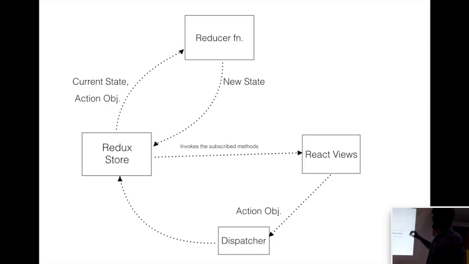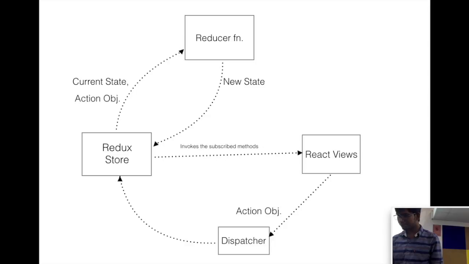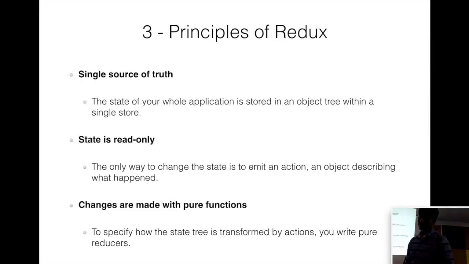So these are the core of Redux. If you want to understand Redux, I think the reducer function, the Redux store, and your action objects are the core things that Redux is all about. There are three principles of Redux. One is called single source of truth. The state of your Redux application is just stored in a single object tree within a single store.